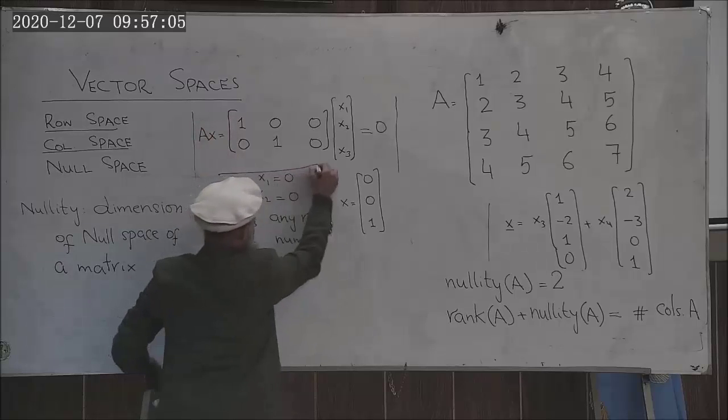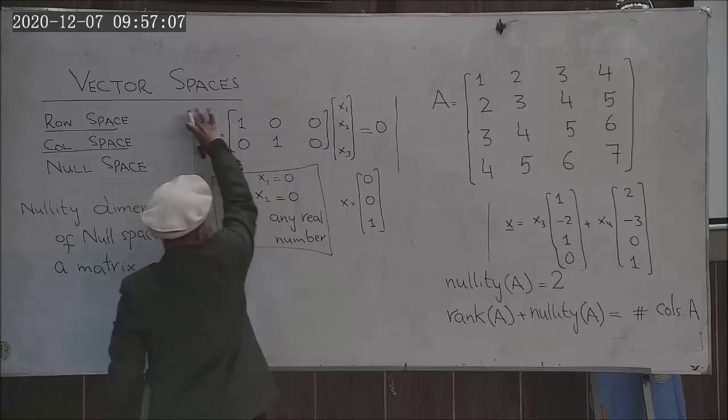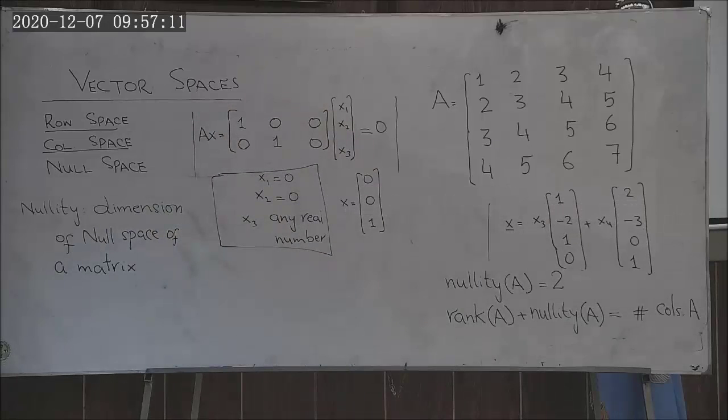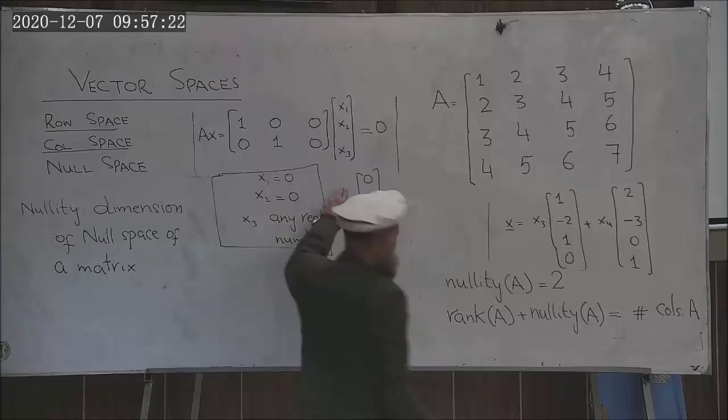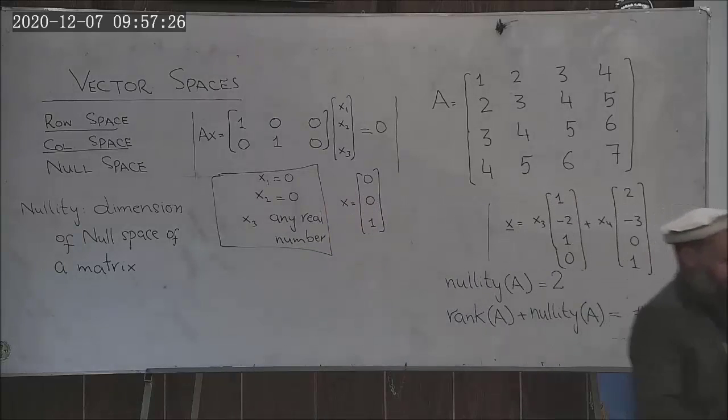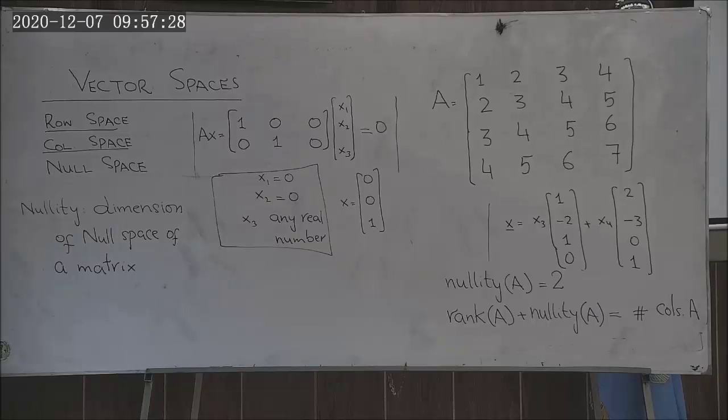How many solutions are there? Infinite solutions. Among these solutions, how many linearly independent solutions are there? I have just listed one solution. Can you tell me any other solution which is linearly independent from this one?